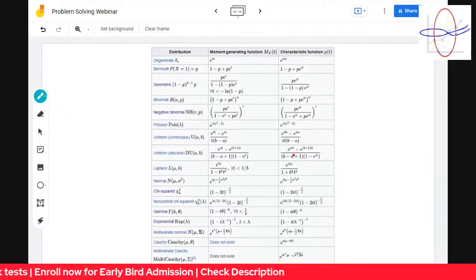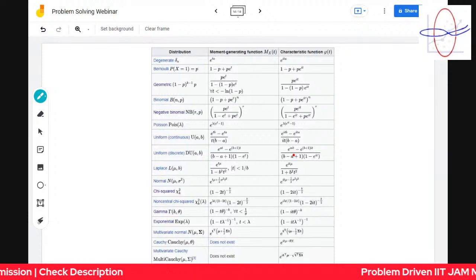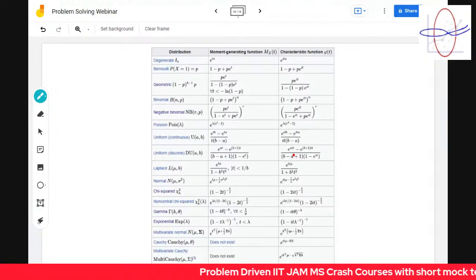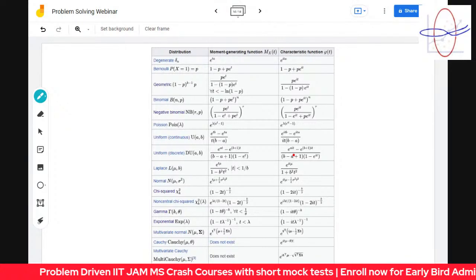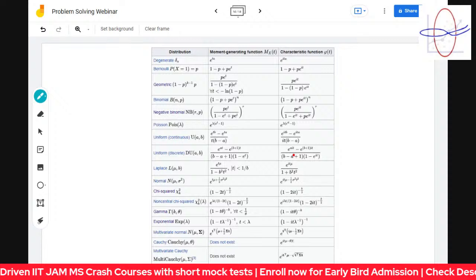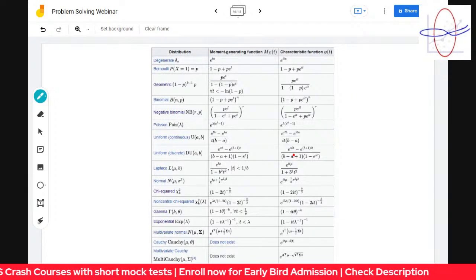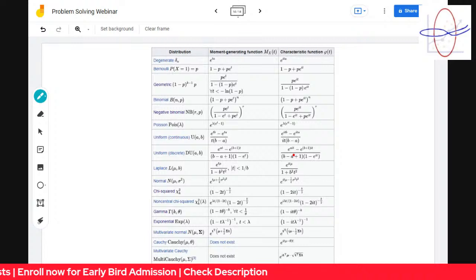And then we can use the additive property for Z. But they must be independent. Are they independent? No, I guess. But both of them marginally are following exponential. So that's what we need to actually find.